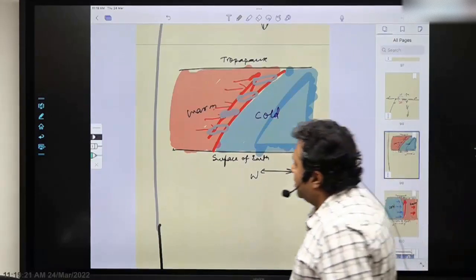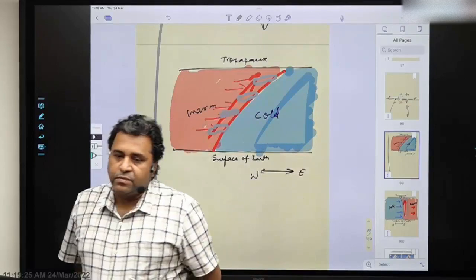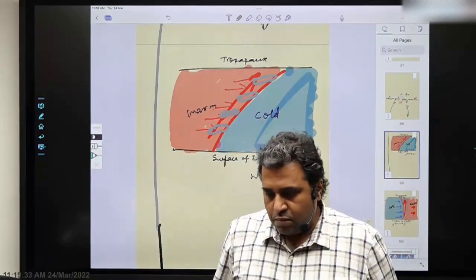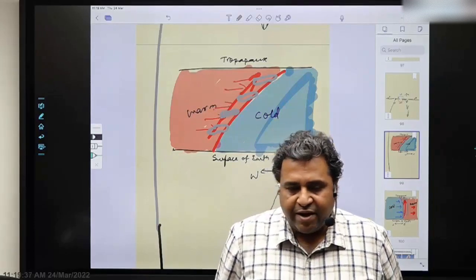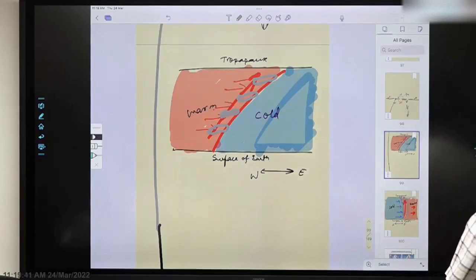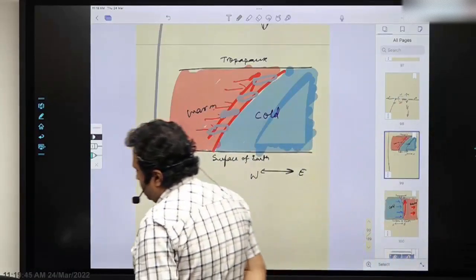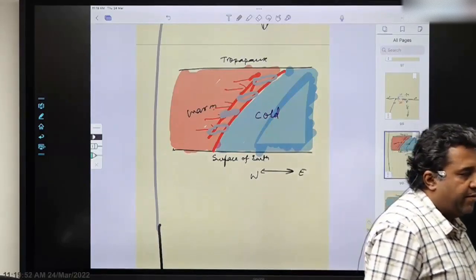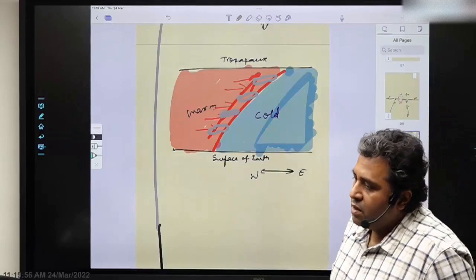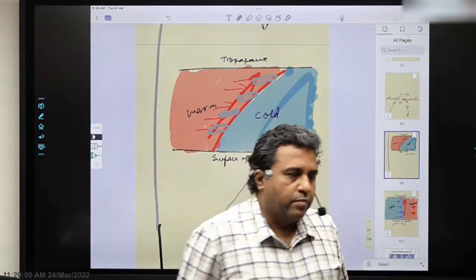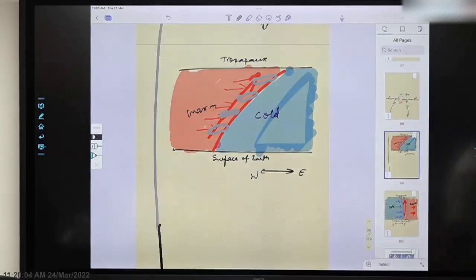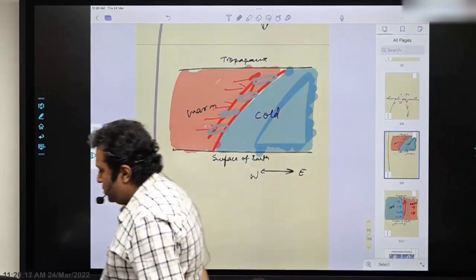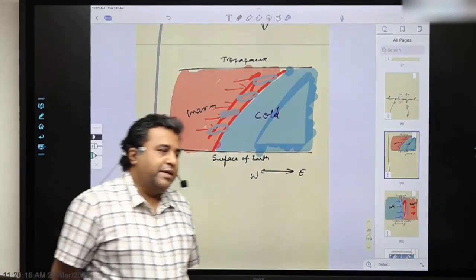Hence, in the case of warm front, we find, finally, cyclonic spiraling inward winds, rising warm air, cloud formation and precipitation, and hence we call it as warm front cyclone.